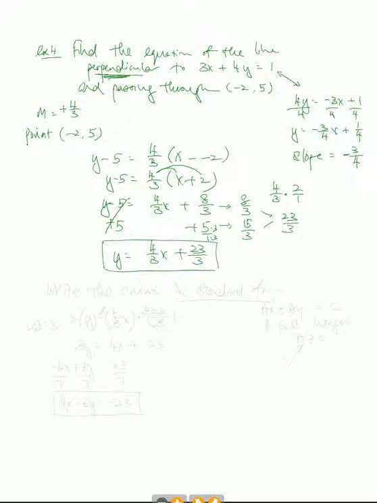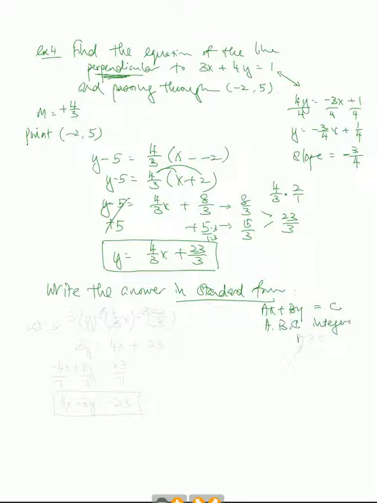Now, to make this question a little bit more challenging, we could add the sentence, can you write the answer in standard form? So this is where we need to recall everything that we talked about in standard form, which basically means your x's and y's have to be on one side, number on the other side, and your a's and b's and c's have to be integers, and your a has to be greater than or equal to 0.